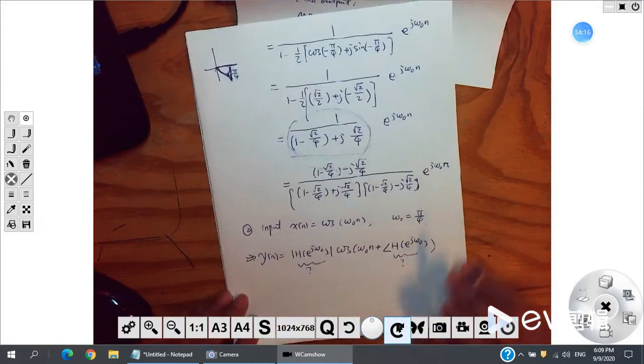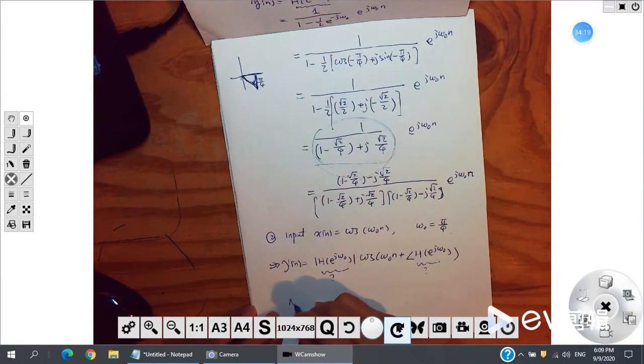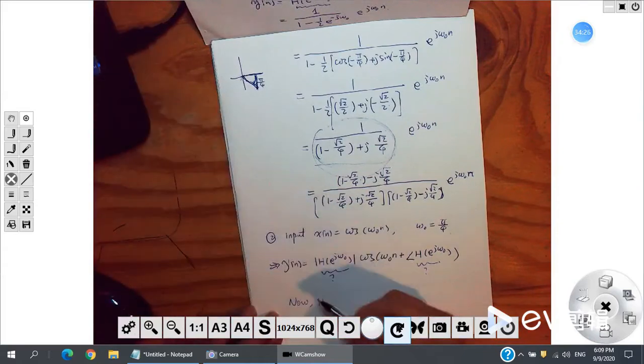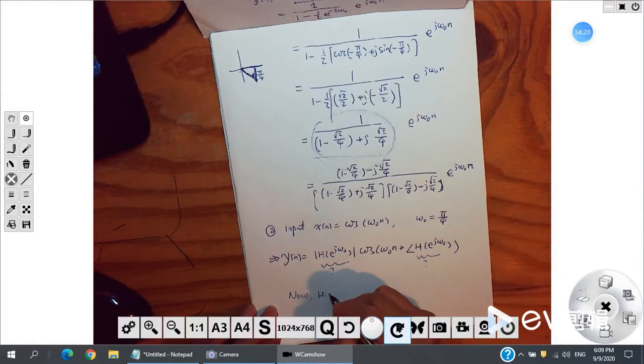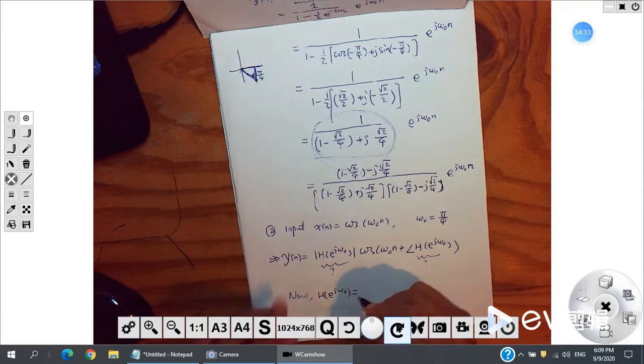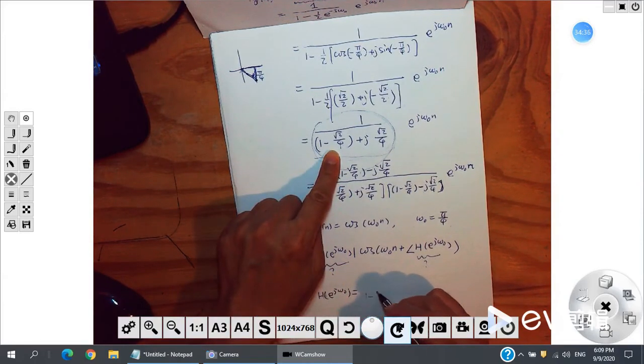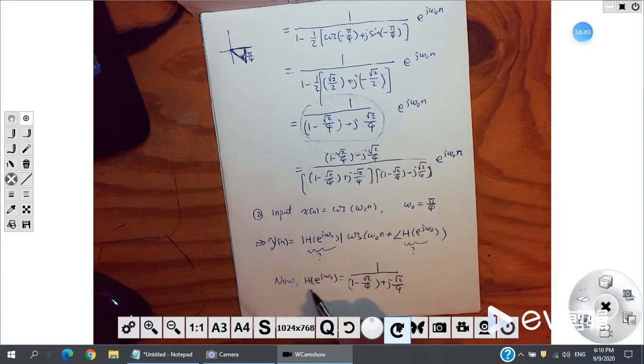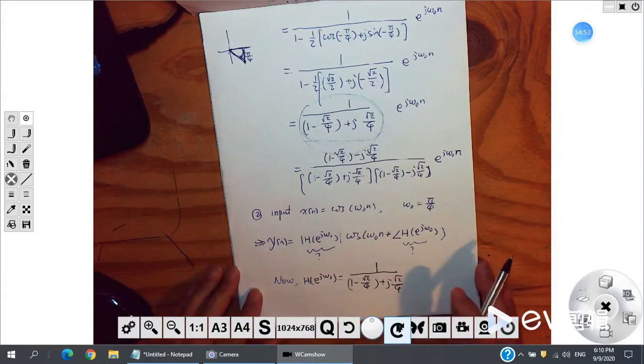H of e^{jω0} is equal to 1 over 1 minus square root 2 over 4 plus j square root 2 over 4. The denominator is this, so this is the whole H. Now what is the magnitude?